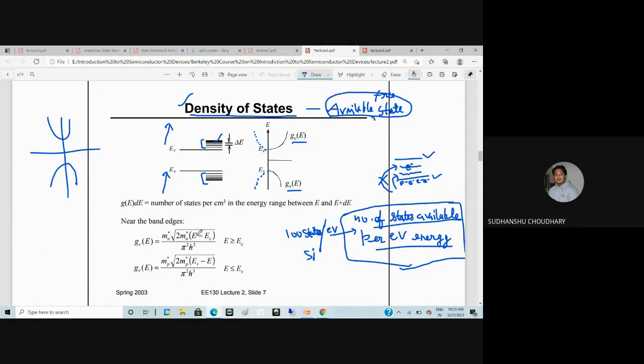Near the band edges, the conduction band profile's density of states is given by this relation.